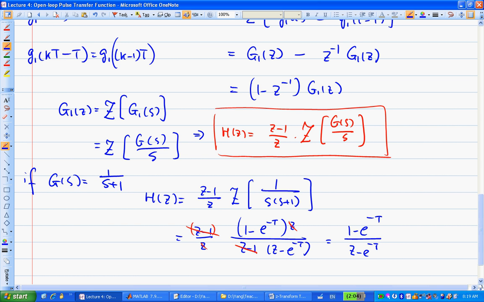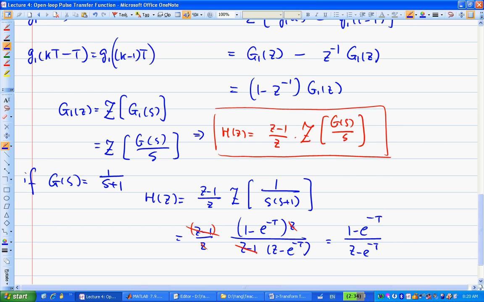In the previous lecture, I mentioned another thing. You have a pulse transfer function; in Laplace, you have a Laplace transfer function. In a continuous time system, the inverse of the Laplace transfer function gives us the impulse response.